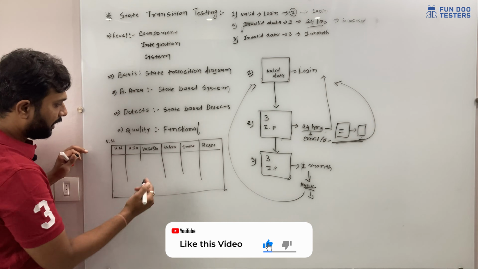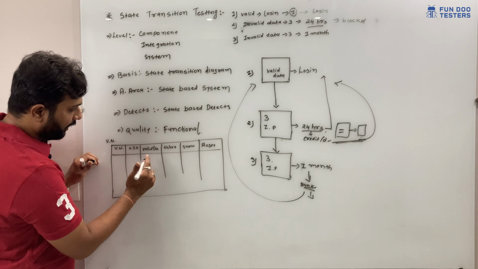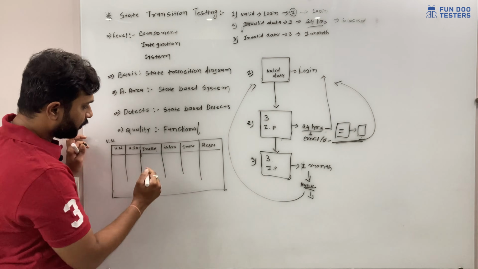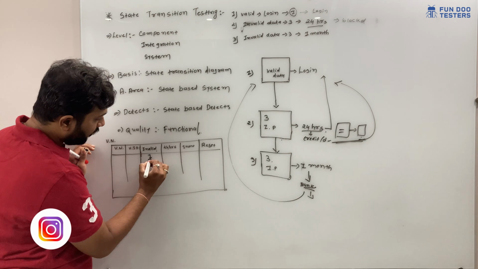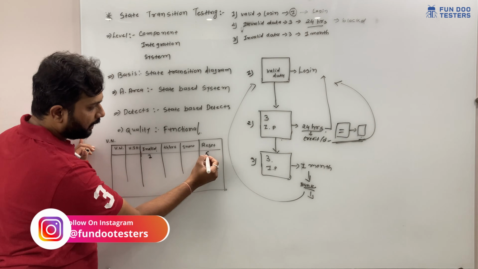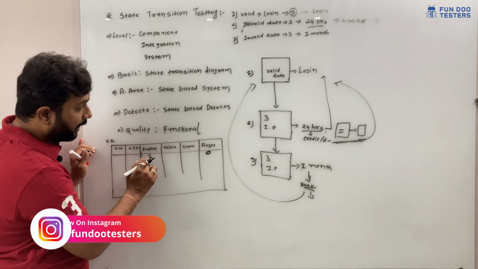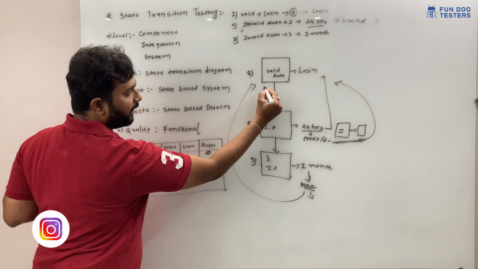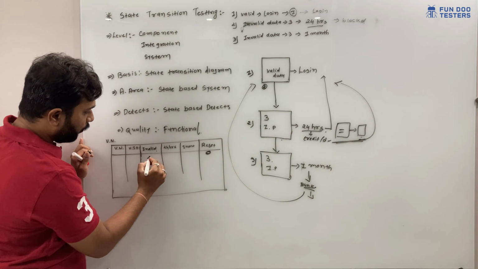So what happens if I enter invalid data 3 times? Here it is going to count. The first time I enter invalid data, the counter will be 1, and by default the reset will be a boolean value, true or false. Later, if I enter invalid data the second time, it becomes 2.